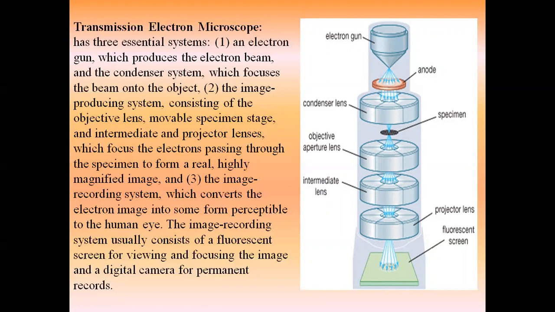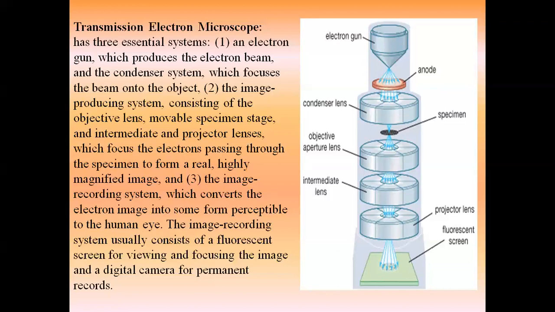So whatever electrons pass through the specimen will be captured by your aperture lens, or the objective lens.